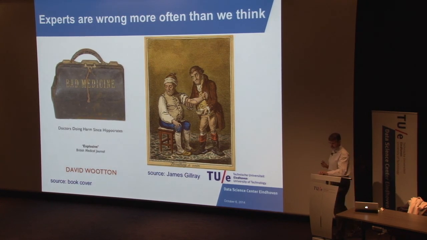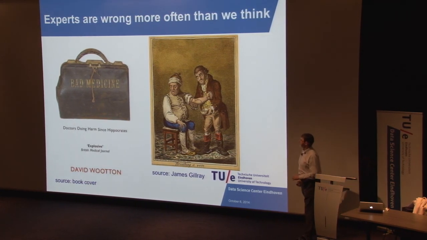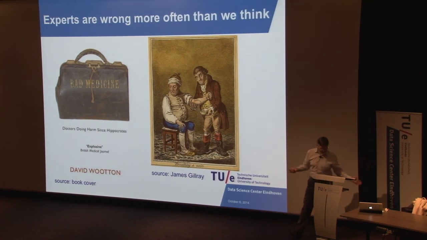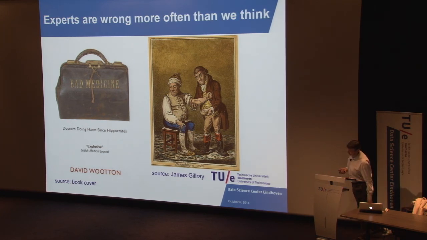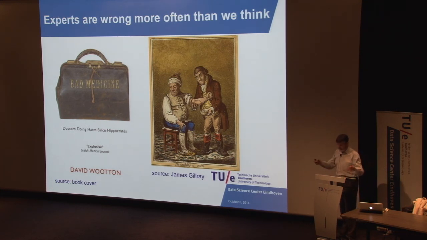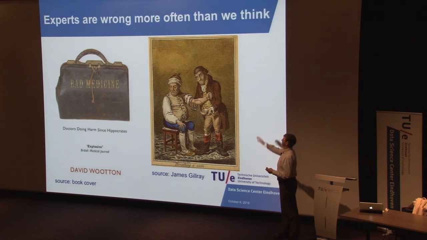Well, a well-known example from history is that if you want to cure any number of diseases, I have a long list in my notes here, acne, asthma, cancer, cholera, coma, convulsions, diabetes, and the list goes on and on. All these diseases can easily be cured through bloodletting.